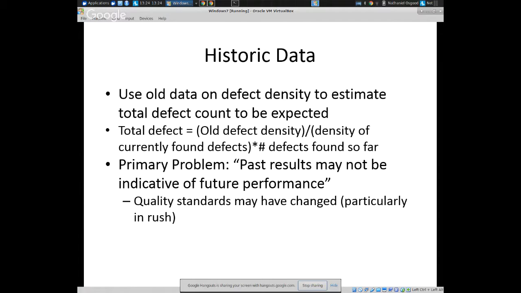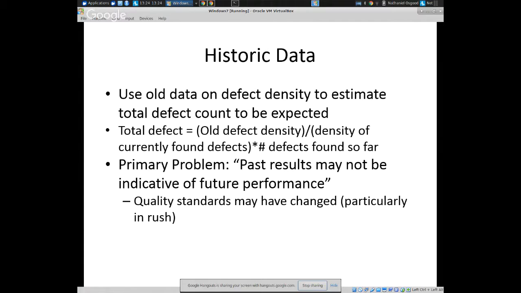So traditionally, you have 50 per 1,000 lines of code. Here you have 20, and you multiply that times the number of defects that you've found so far, which might be 100 defects, something like that, and you'd get some estimate for the number of defects that are out there.